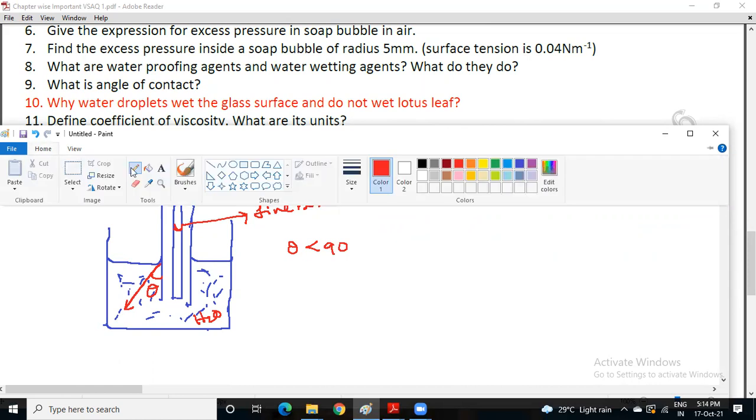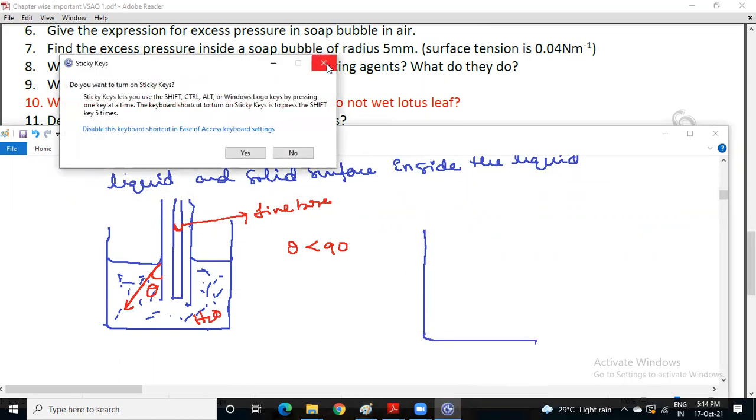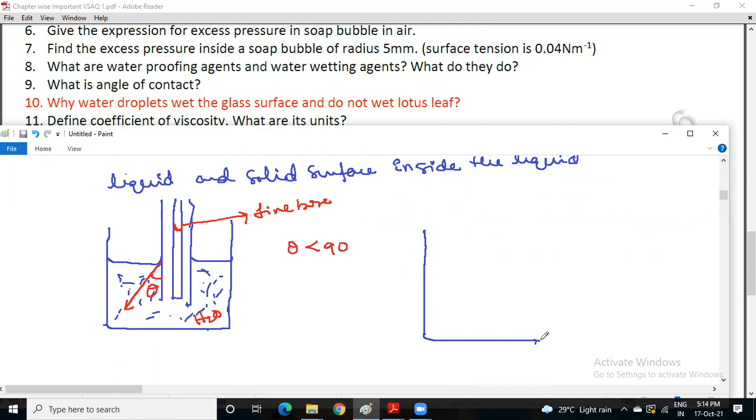The same way, if you take mercury in a jar, once again you take a capillary tube. So there will be once again a fine bore.